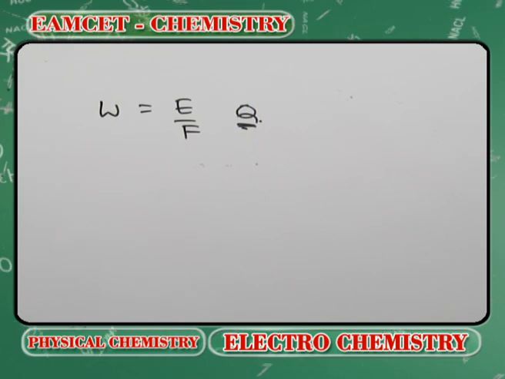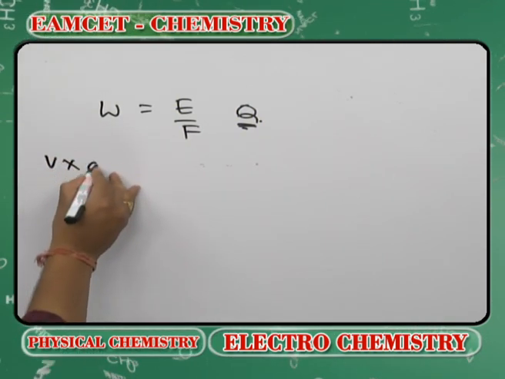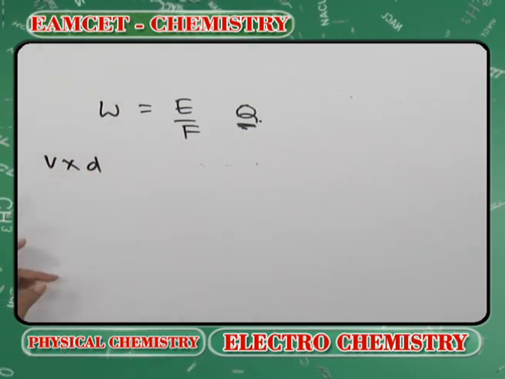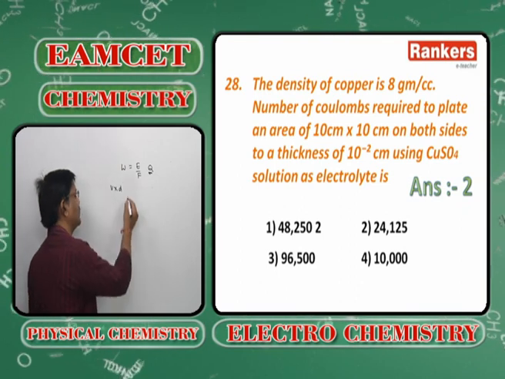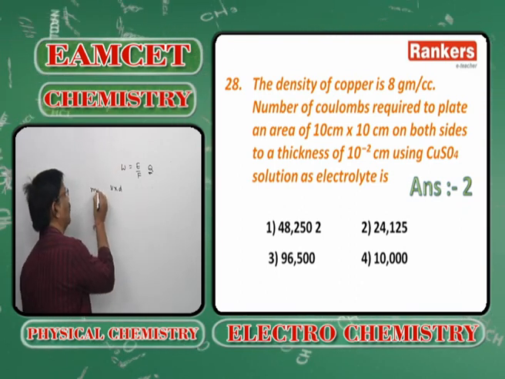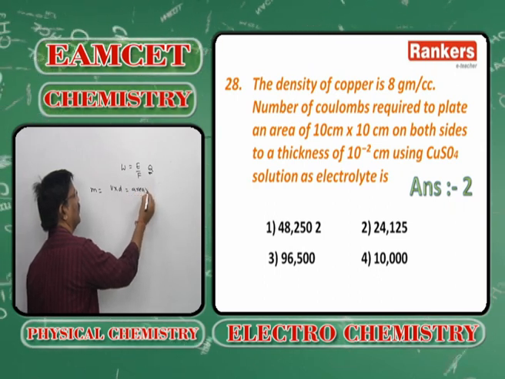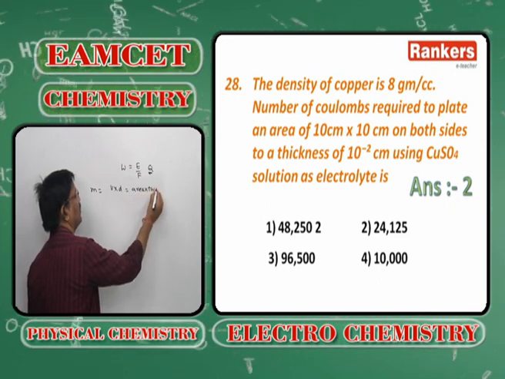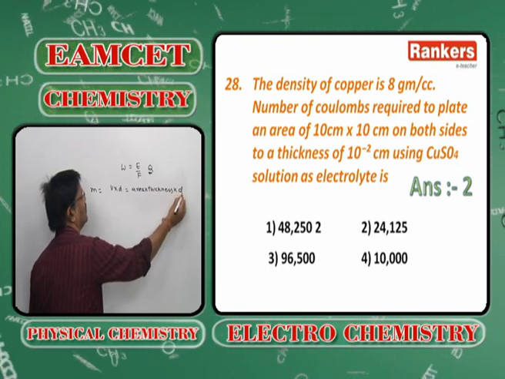Now what is W? Volume into density. How do you get volume? Area into thickness. Mass is equal to volume into density, which is equal to area into thickness into density.